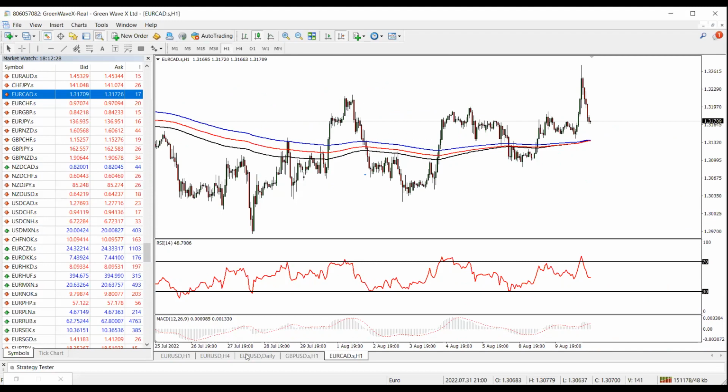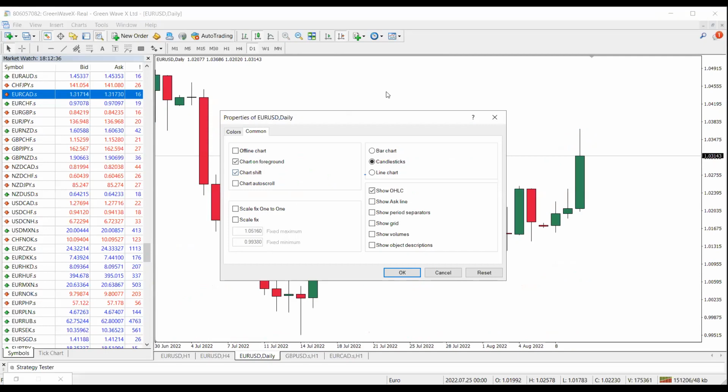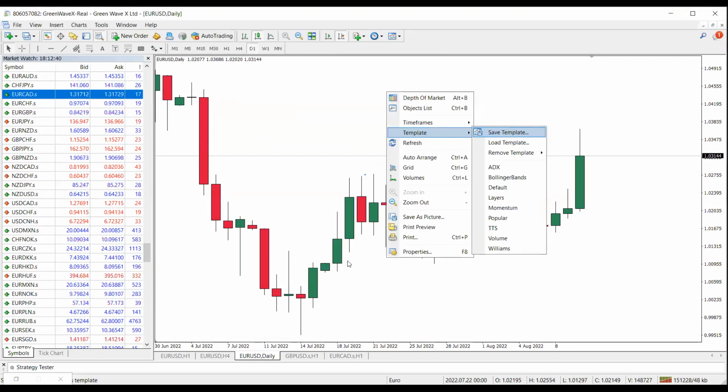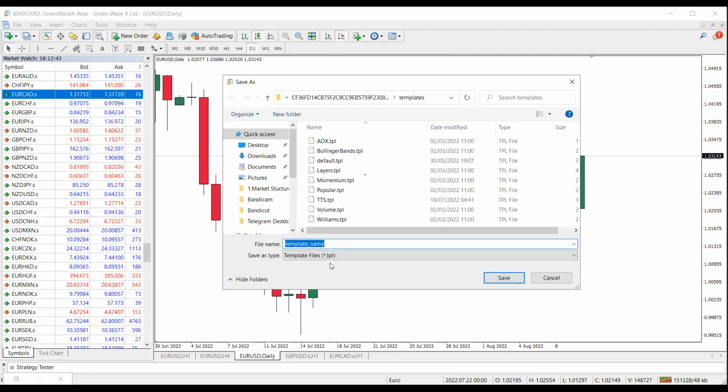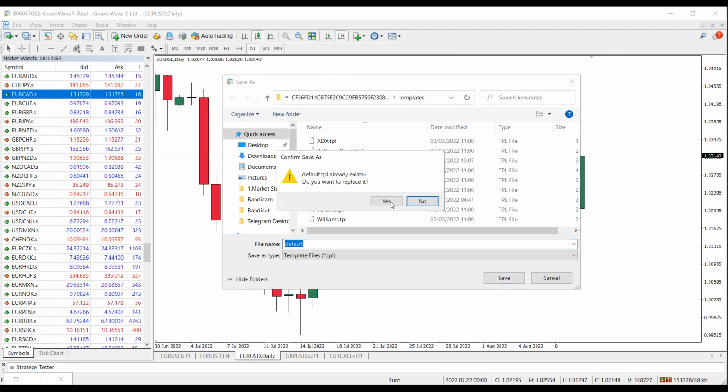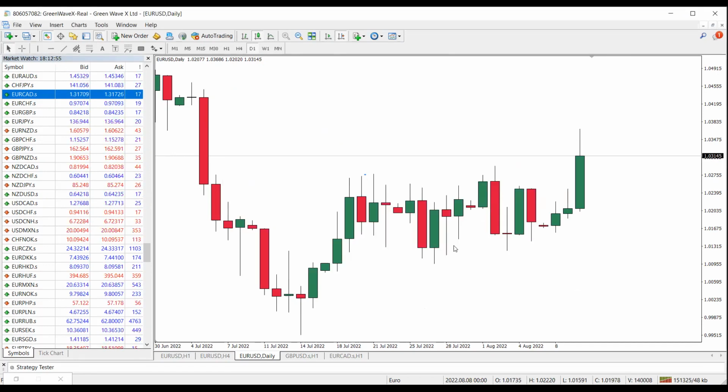What I need to do is go to Euro US dollar, right click, go to templates and save this template. I can call it default. Just write default there. That means anytime you open another one, you don't have to edit it again.